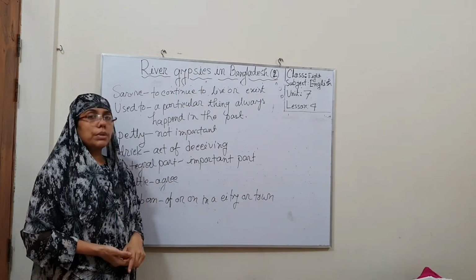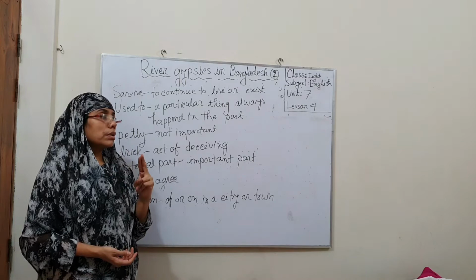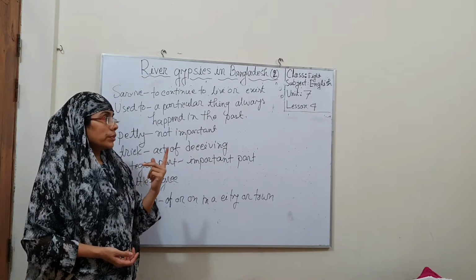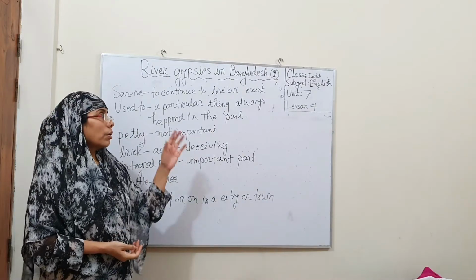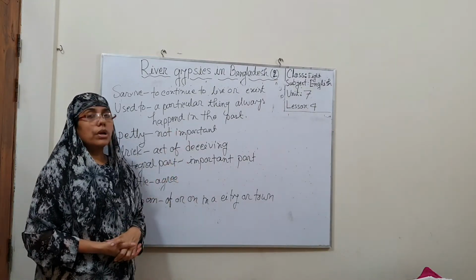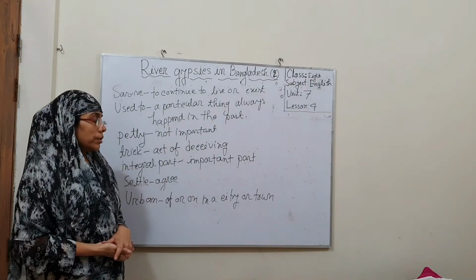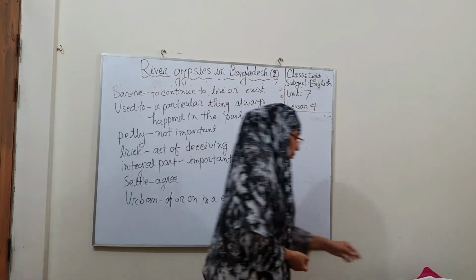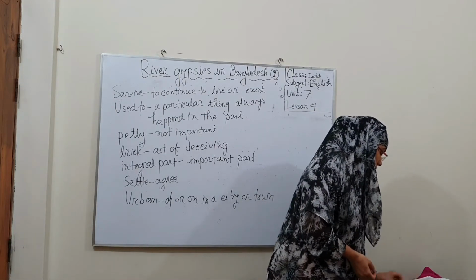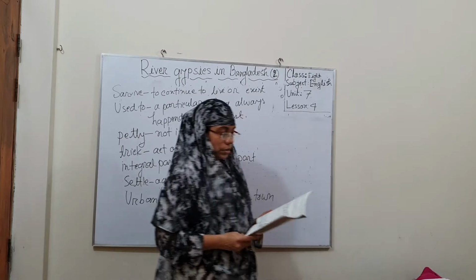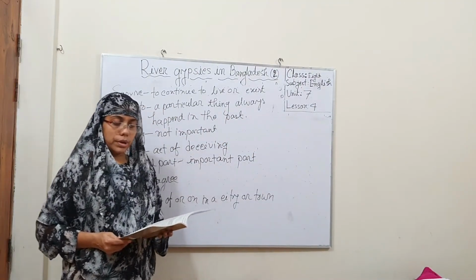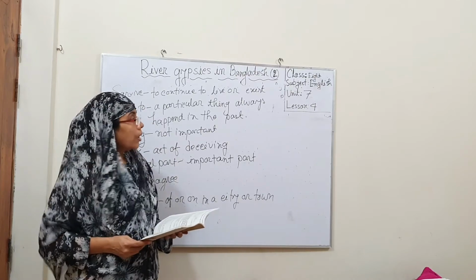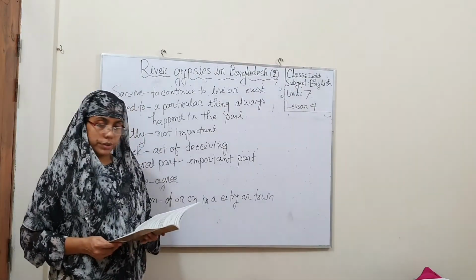This lesson is divided into two sections. We learned the first one, and today we are going to learn the second one. Dear students, page number 85, Lesson 4, River Gypsies in Bangladesh Too.